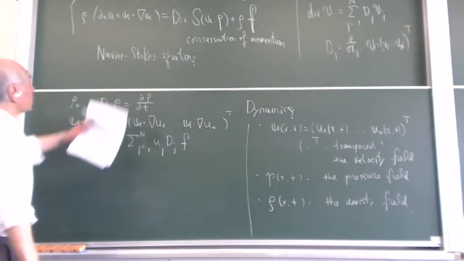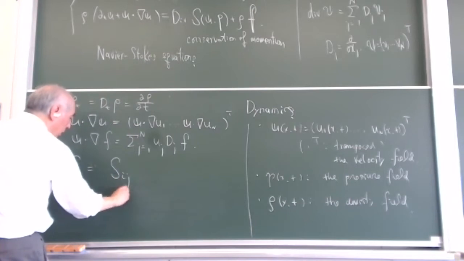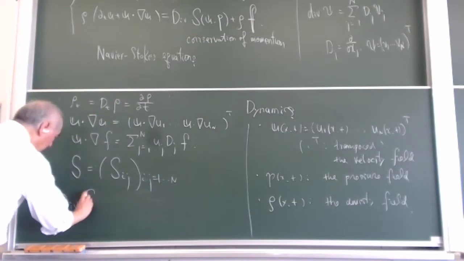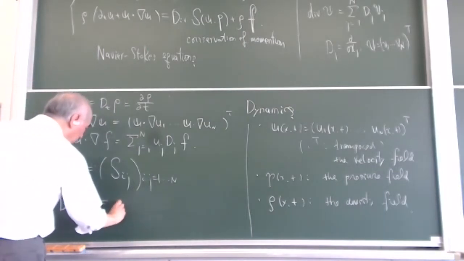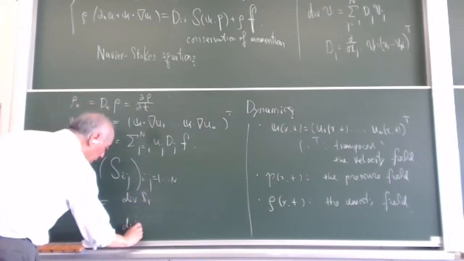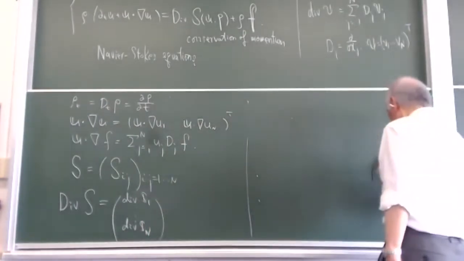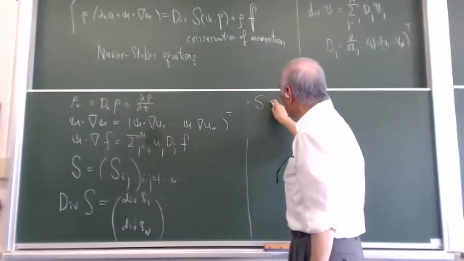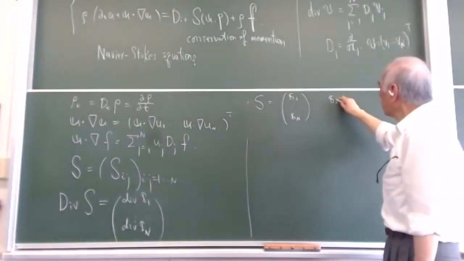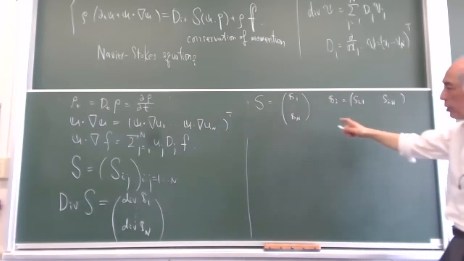And then, here S is an N by N matrix. My notation for the divergence of S: S_i is a row vector. Maybe this notation is easy to understand.